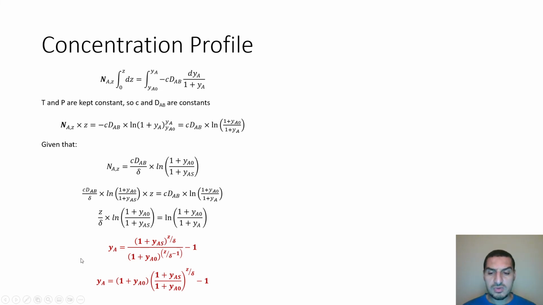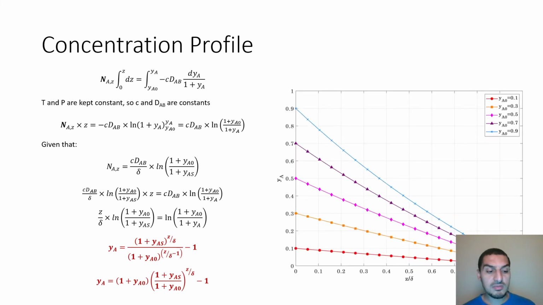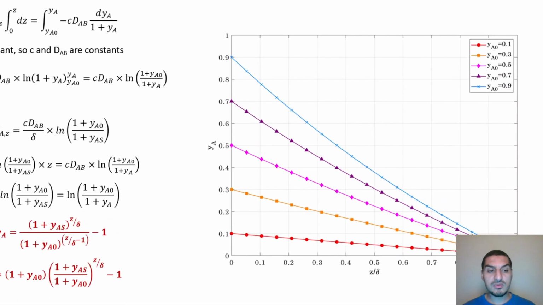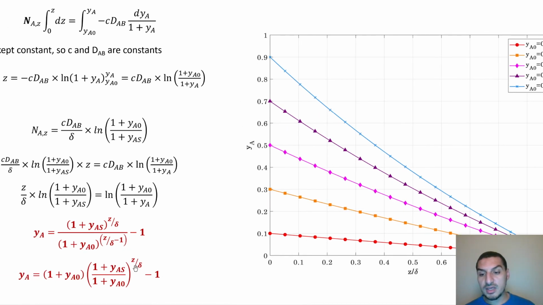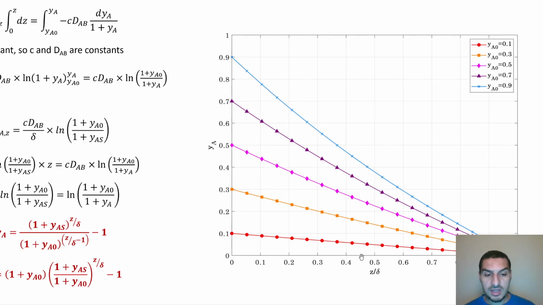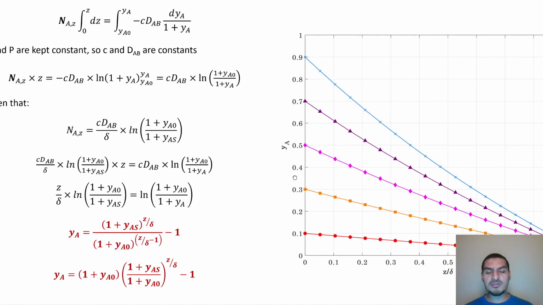They're both the same, and this will give us a chance to take a closer look at the concentration profile. From this equation you can have z over delta, which represents the distance, and this is what I have on the x-axis here. This is a very good way of representing the variables, to put them in dimensionless forms.